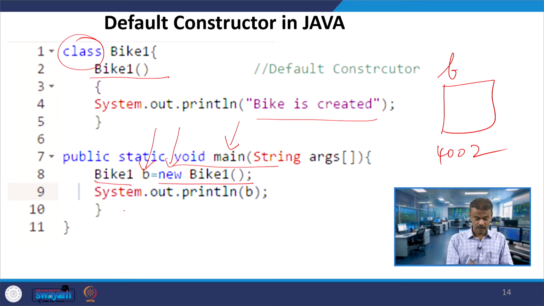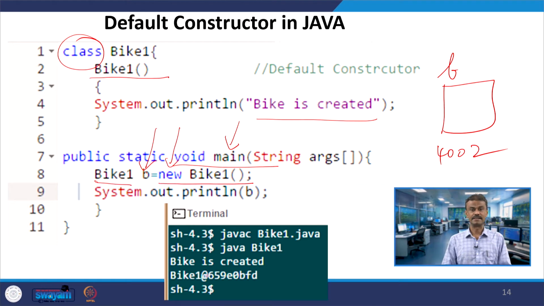Now we are printing out system.out.println b, right. Let us see what output we are going to get. First, when you are creating an object, bike is created will be printed, and then the second one. We have run it in the shell, the Linux. javac is for compilation, bike1.java is the name of the file, and the second one is running the program, java bike1, alright.